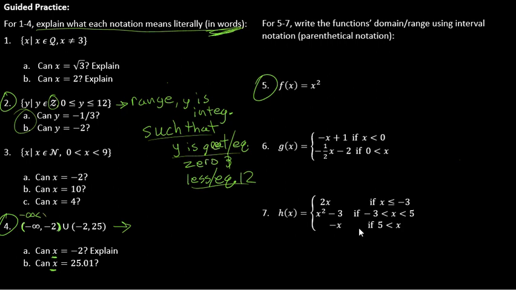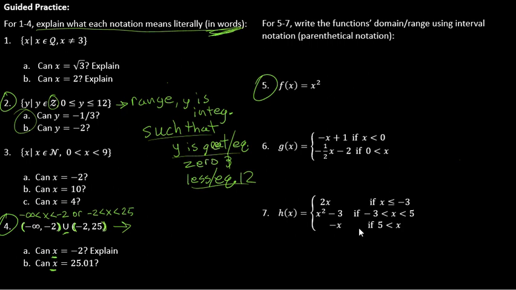Negative infinity is less than x is less than negative 2, or, that's what the union means, negative 2 is less than x is less than 25. Again, it's just a less than symbol because of the curved brackets.